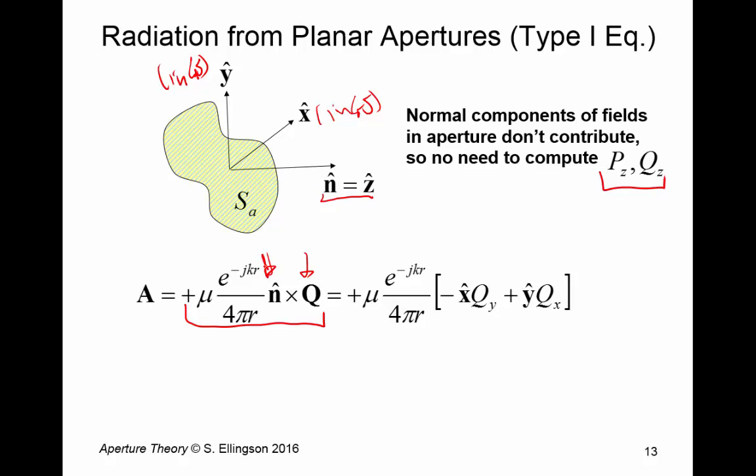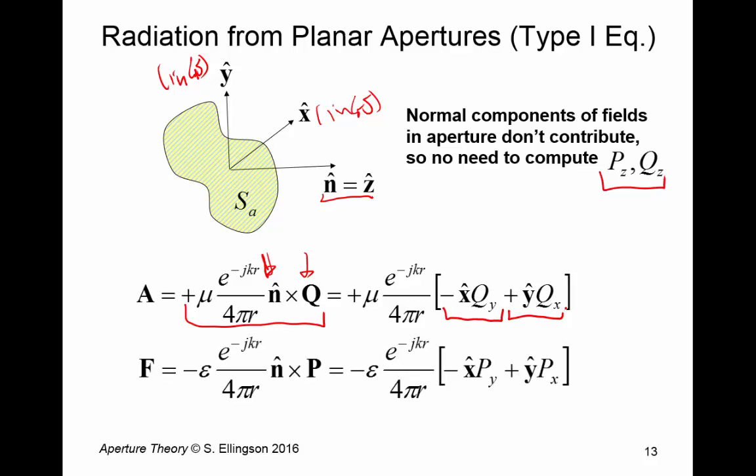And so what I'll get after taking that cross product is minus x hat of the y component of the spatial Fourier transform plus y hat of the x component of the spatial Fourier transform. Similarly, with the electric vector potential, I get minus x hat of the y component of the spatial Fourier transform plus y hat times the x component of the spatial Fourier transform.